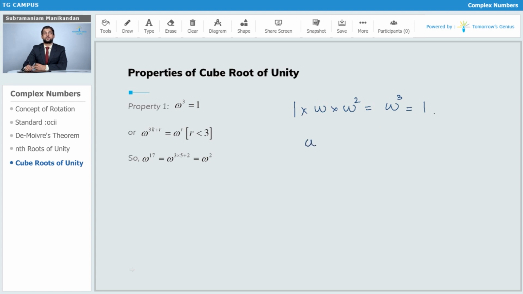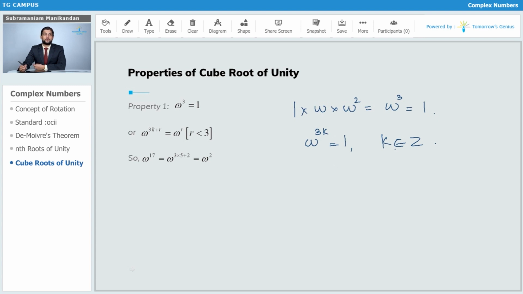And not just this, omega to the power of any multiple of 3 is also going to be equal to 1, where k is an integer. So it does not necessarily have to be a positive integer only. You can have omega to the power of minus 12, 1 by omega to the power of 12, which is also equal to 1.